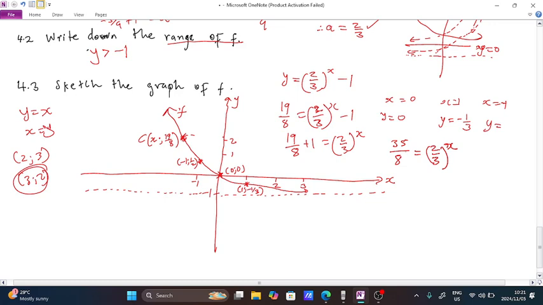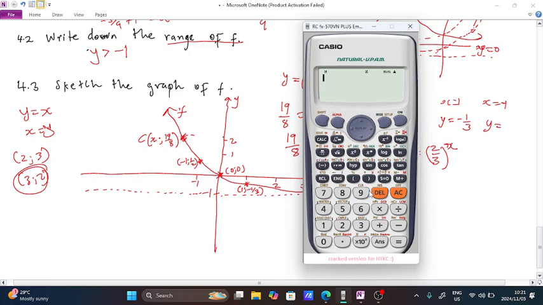Are you getting that? 27 over 8. How many are getting 27 over 8? 19 divided by 8 plus 1.